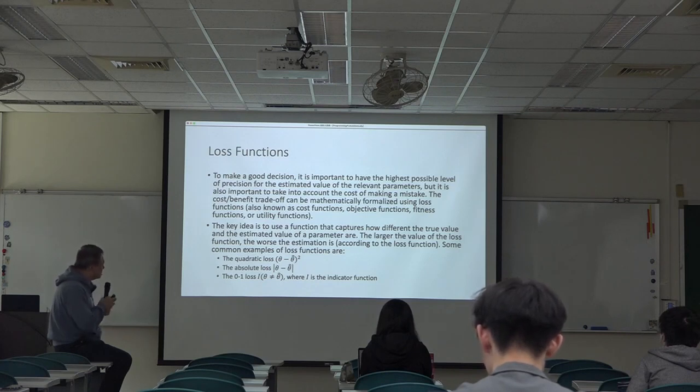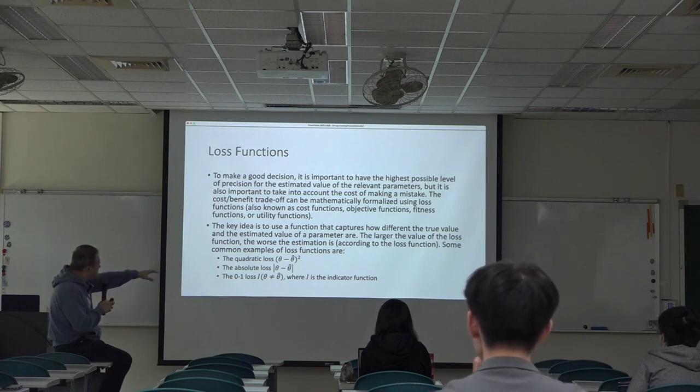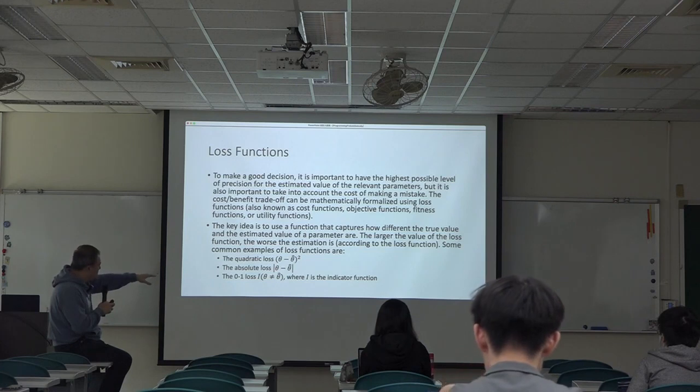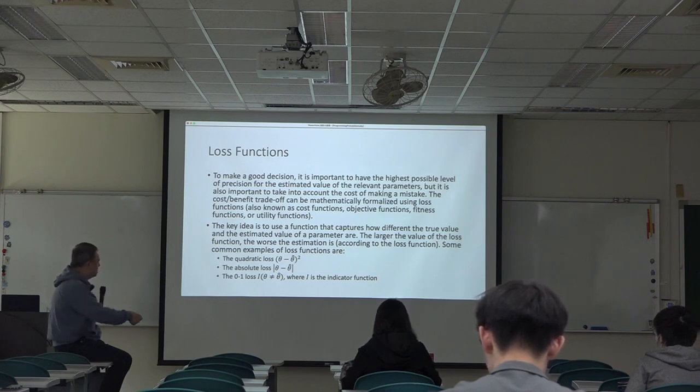For quadratic loss, we take the sum of squared differences and divide by the number of samples. Absolute loss is the sum of the absolute differences divided by the number of samples. For the 0-1 loss, we just count the number of samples where the prediction is different from the data. I is the indicator function.